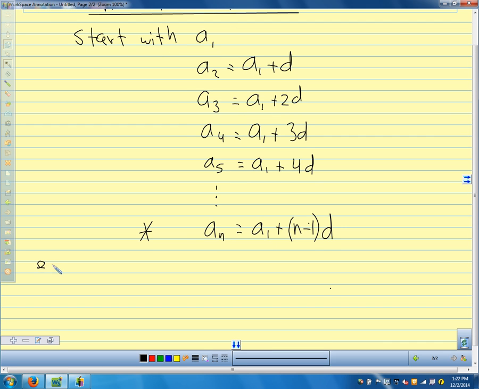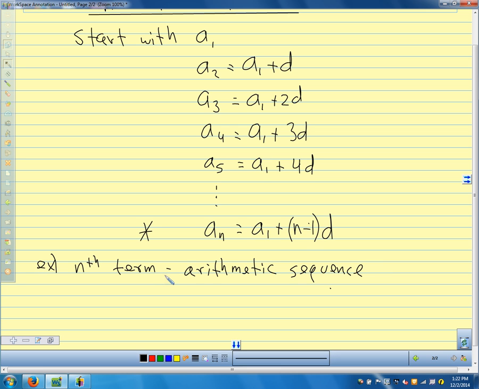All right, let's look at an example using this nth term formula. Let's say we want the nth term. We have an arithmetic sequence, and the reason we're telling you that is that it lets us know we can use these rules for arithmetic sequences.